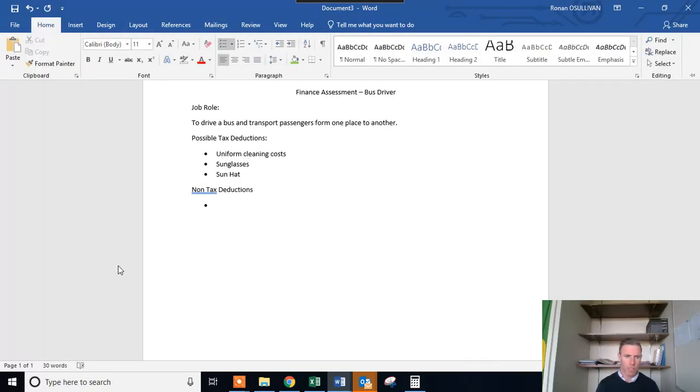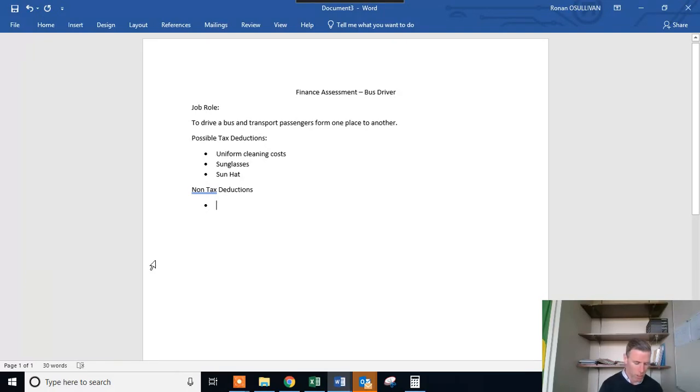What I'm going to say is shoes. Because I have a uniform, I could say I wear my shoes for work, but then again, I wear my shoes when I go to a wedding, so it's not specific to the job. The second thing people might try to claim is driving to work. People think they might be able to claim that. I can't claim that because that's my commute.